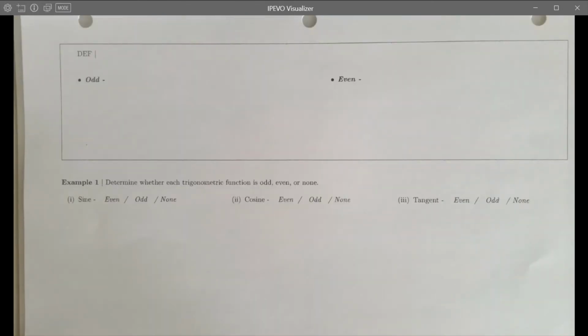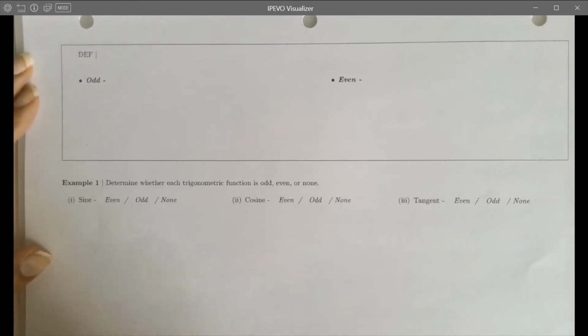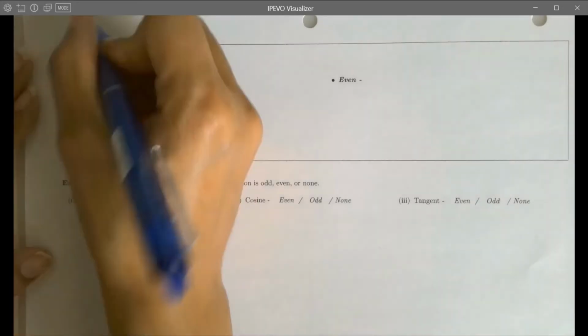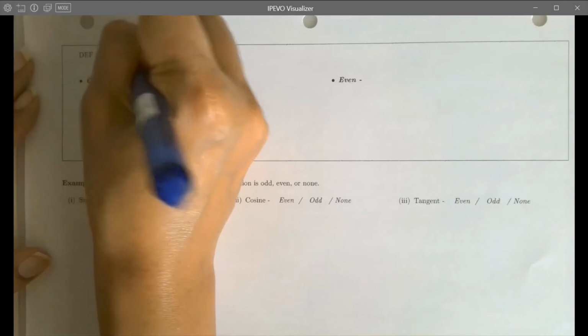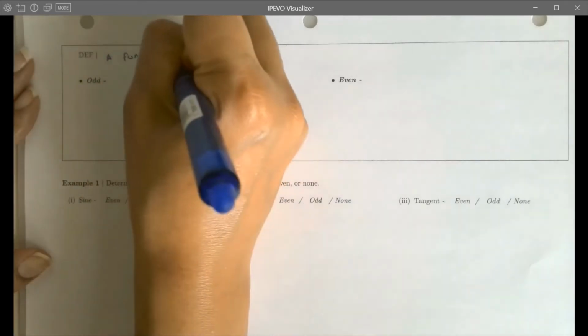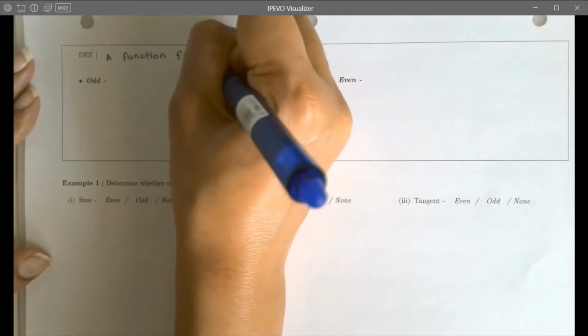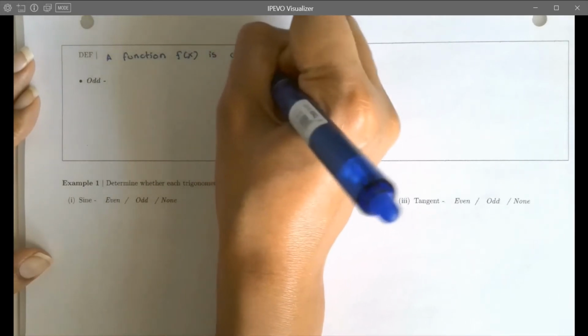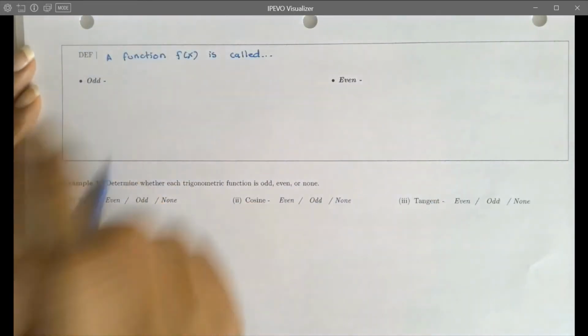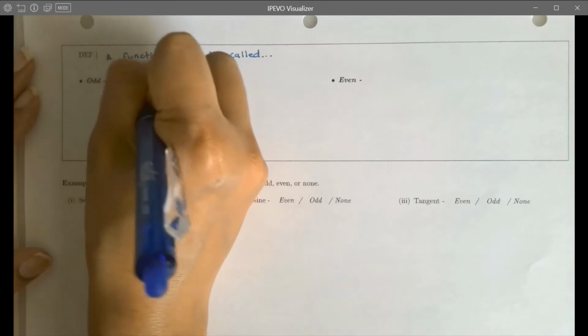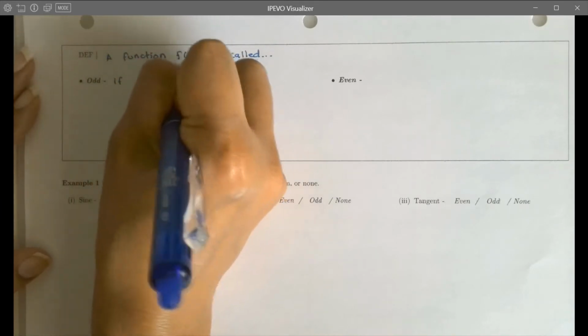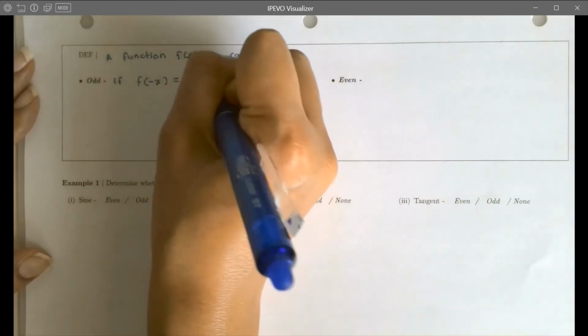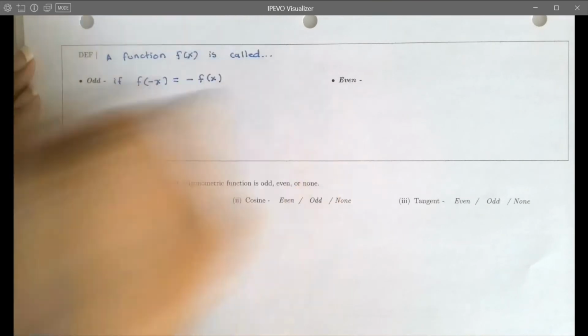That brings us to the final definition that is part of this set of lecture notes, and that is a definition for even and odd. Okay, we're going to say that a function f of x is called odd if f of negative x gives you the same thing as negative 1 times f of x.